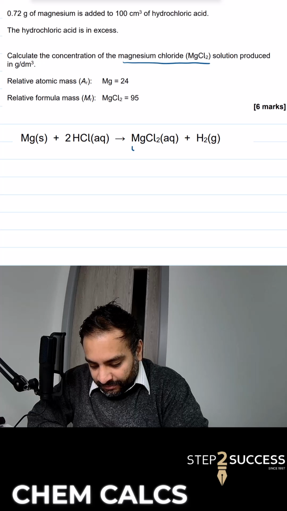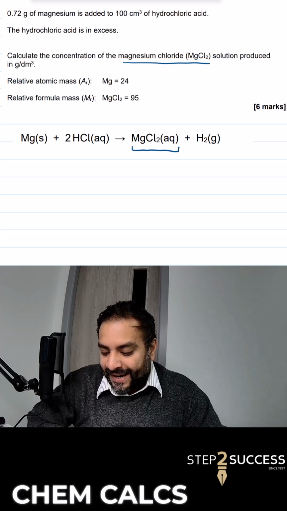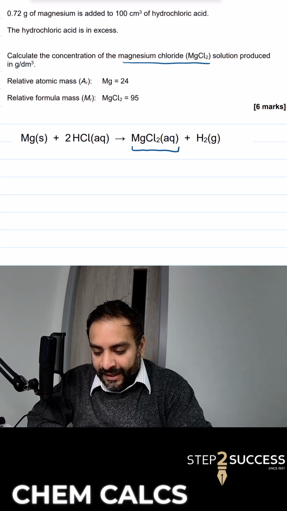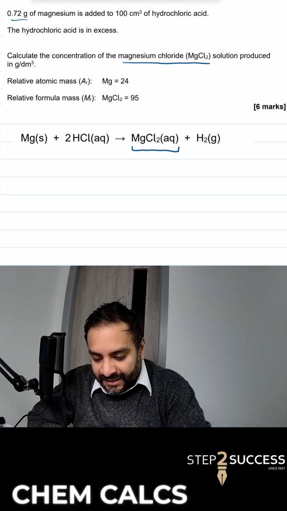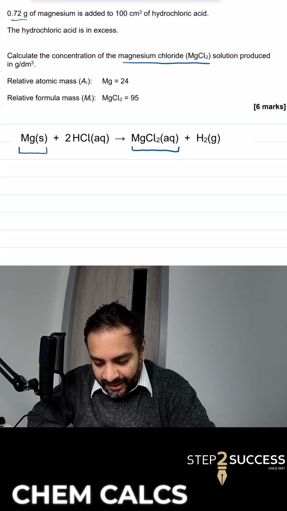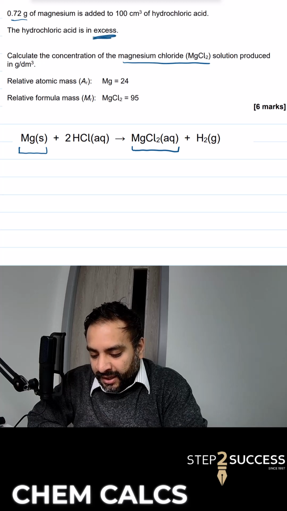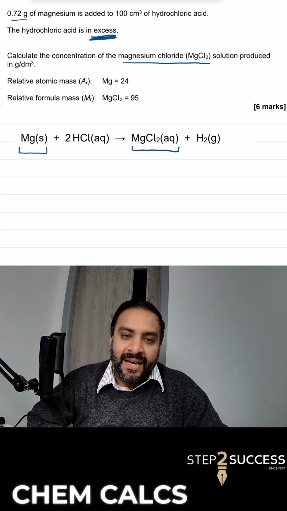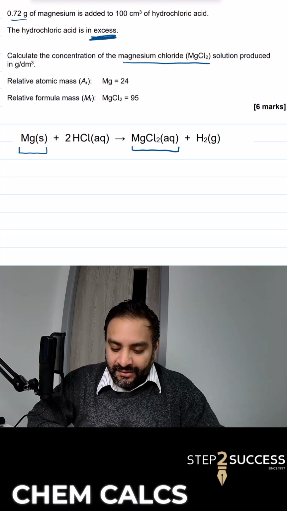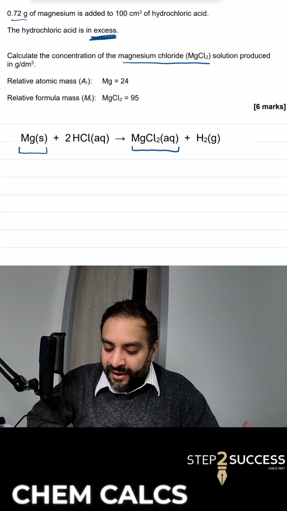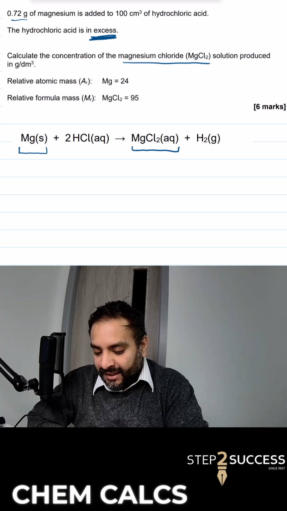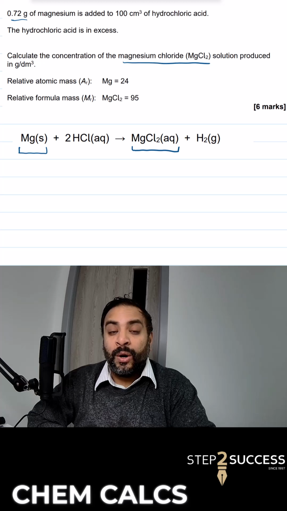So the magnesium chloride that we are being asked about is here, and the magnesium that we have been told about is here. The hydrochloric acid that we've been told about is here, but because the hydrochloric acid is in excess, we essentially ignore it for the purposes of this calculation. What they're trying to tell you by saying that this is in excess is that there's plenty of this, it won't run out.